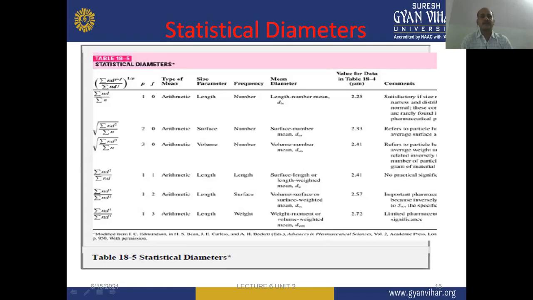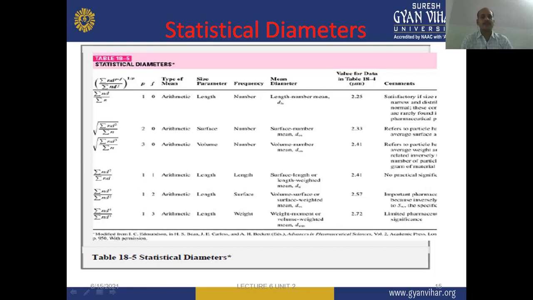There are different types of statistical diameter. We can represent our results in terms of different meaningful diameters: length number mean diameter, surface number mean diameter, volume number mean diameter, surface length mean diameter, volume surface diameter, or weight moment diameter. By using different formulas, sigma nd by sigma n provides the length number mean diameter.